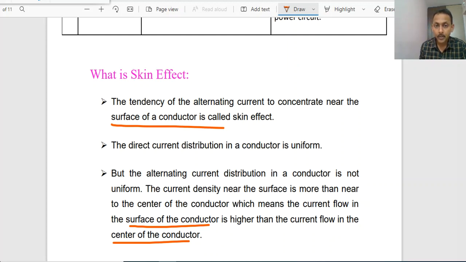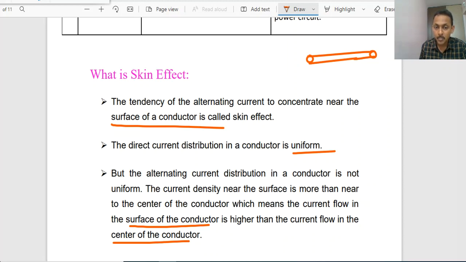Because of this, the AC current will not be uniformly distributed over the conductor, whereas the DC current distribution in a conductor will be uniform. The AC current distribution in a conductor will not be uniform.